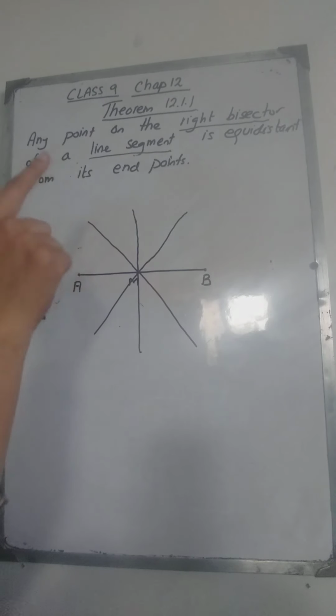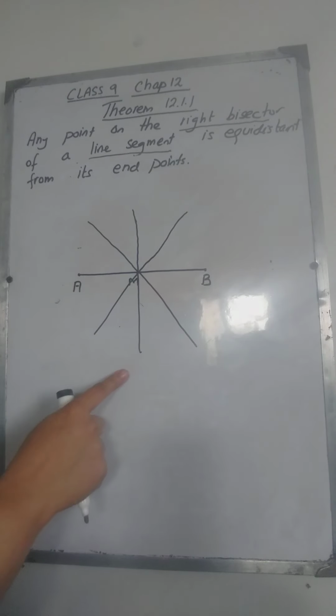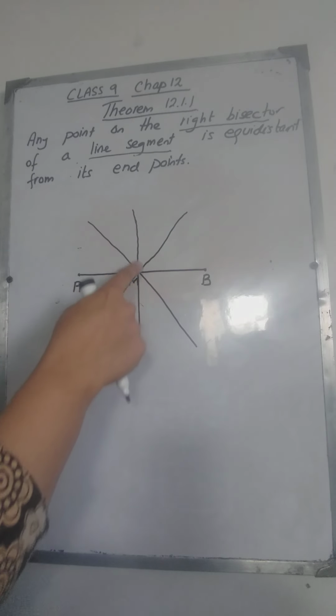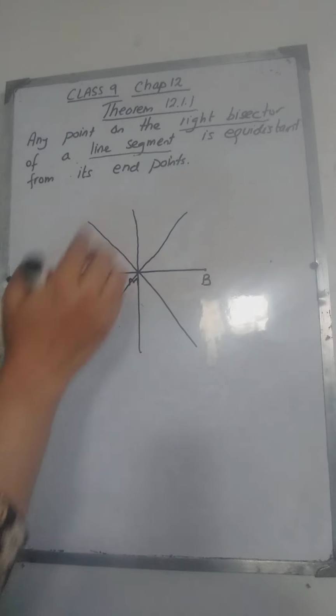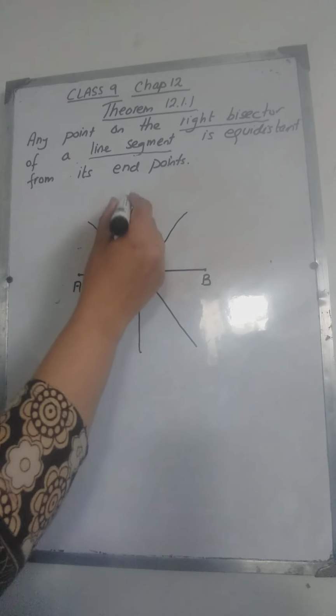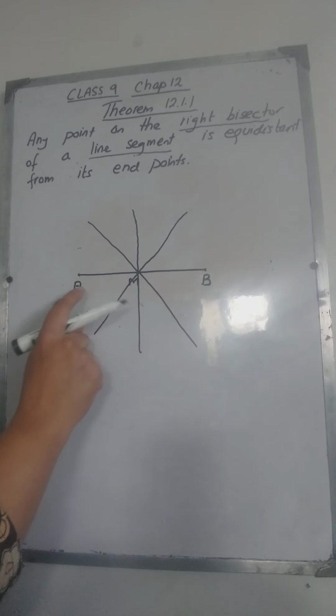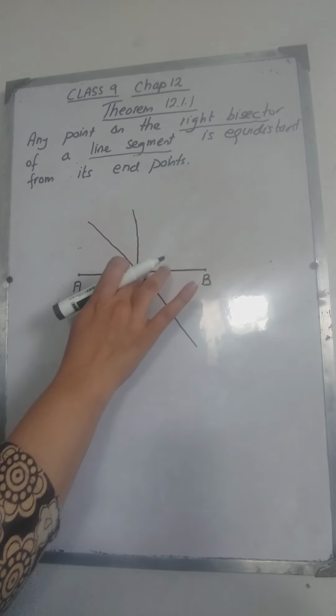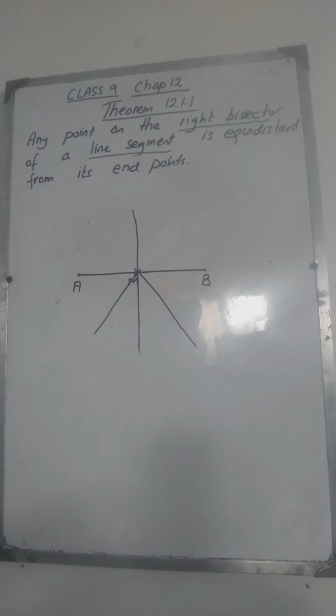Now what is the right bisector? The difference between a bisector and a right bisector is that a right bisector will cut this line at a right angle, just straight. It is the vertical line which cuts AB into two equal halves. Let me erase the extra lines.